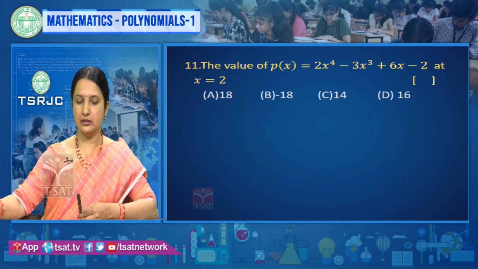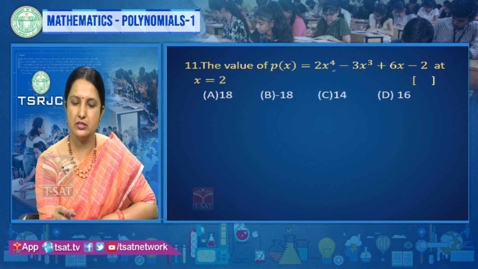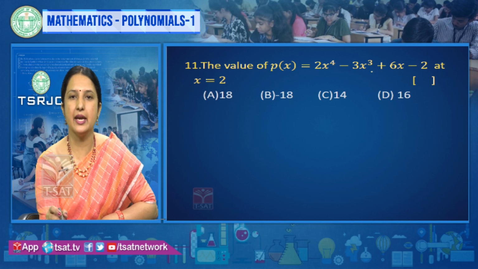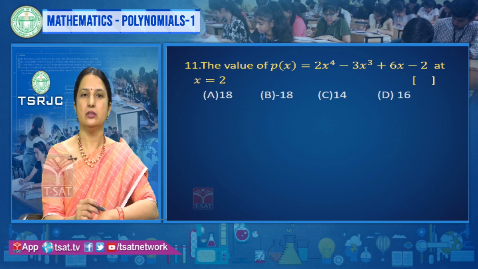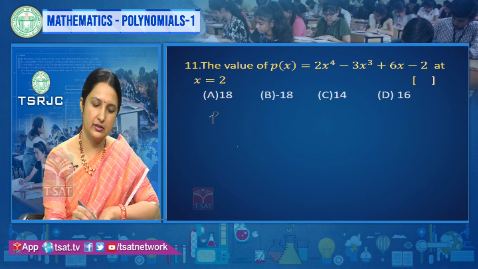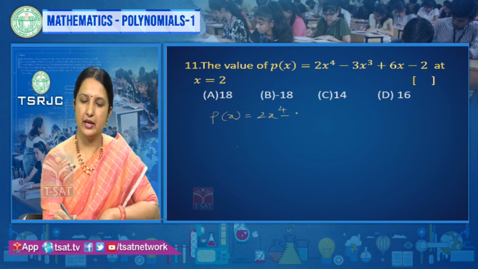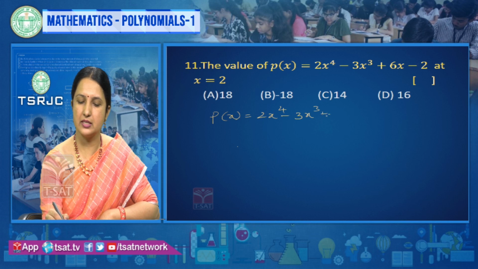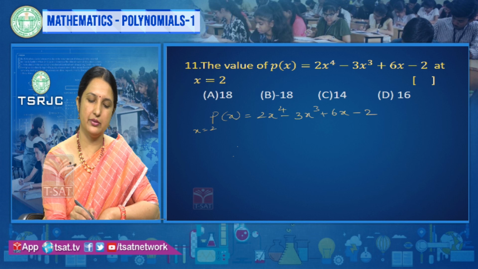The next question, number 11. The value of P of x equals 2x power 4 minus 3x cube plus 6x minus 2 at x equals 2. We have to find the value of that given polynomial at x equals 2. First you write P of x equals 2x power 4 minus 3x cube plus 6x minus 2. Then substitute the x value, that is 2, in this polynomial.